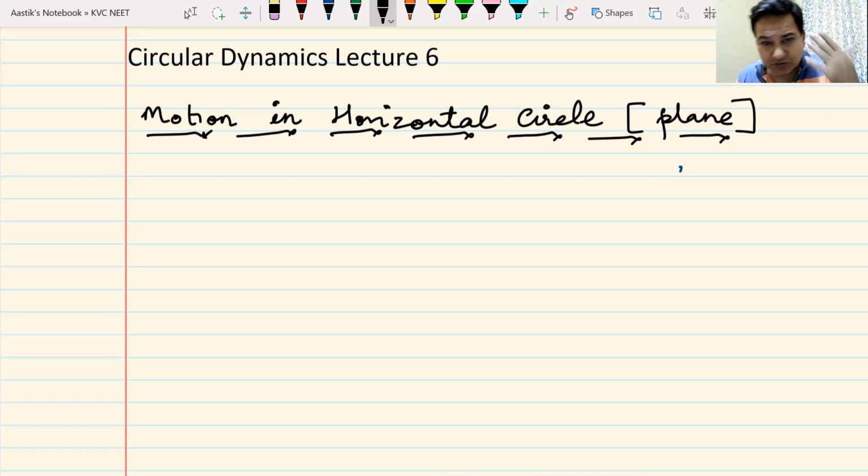Now, when you are studying circular motion of particles on Earth, and I say that the motion is in a horizontal plane, what do I mean by that? Why do I have to study it in a horizontal plane? Remember, anybody on Earth or very near to Earth is experiencing a force by Earth, and that force is gravitational force.